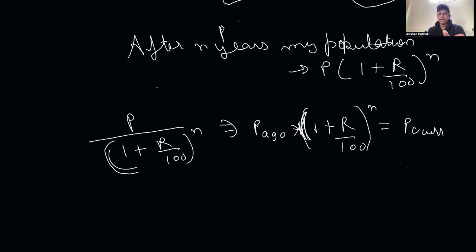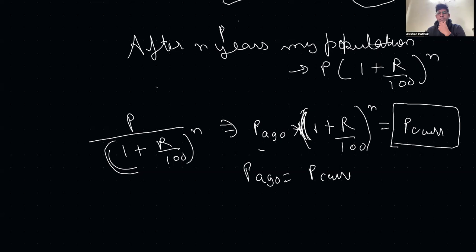So can you understand it? Just ignore the P current. You know the value of P ago, and you want to calculate P current. So it's the reverse of the procedure we followed up till now. You will just do P ago into 1 plus R by 100 to the power n, and you will get the P current, what our value is after n years. But you know this value. So how can you calculate P ago? You just simple division. I think I don't need to tell you that.